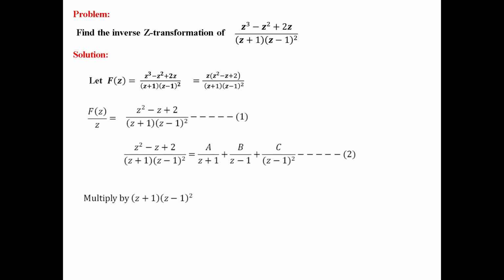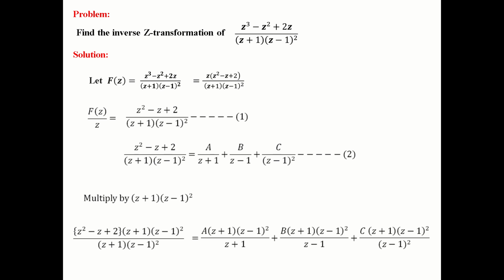So z² − z + 2 = A(z − 1)² + B(z + 1)(z − 1) + C(z + 1).